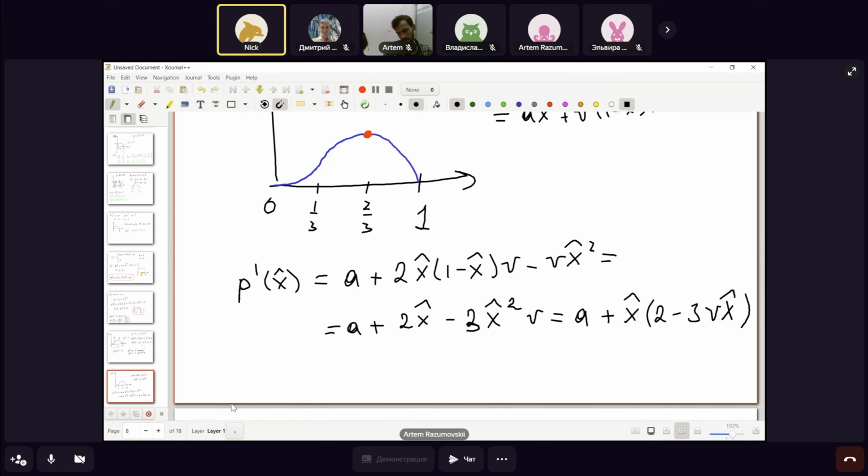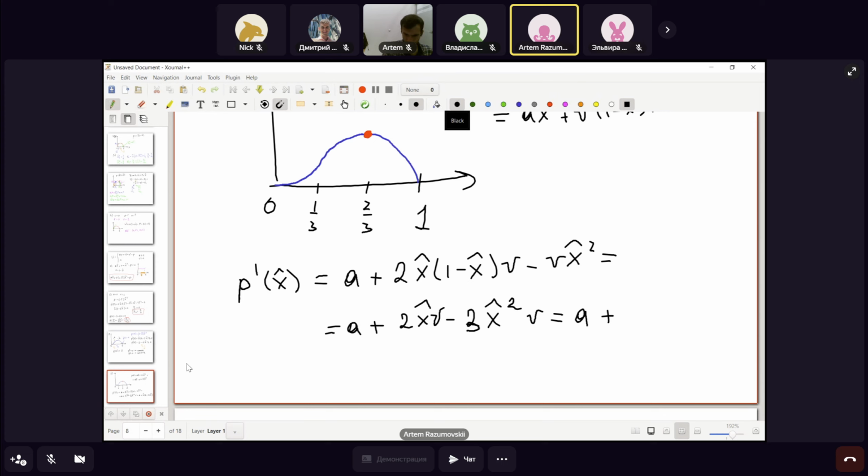And in the second component, shouldn't we have v? Yeah, you're right. So then probably we can take the v out as well, right? It will be x v times 2 minus 3x.